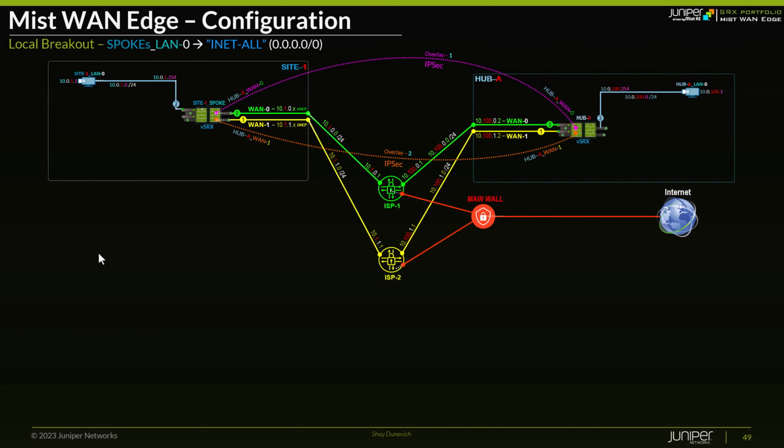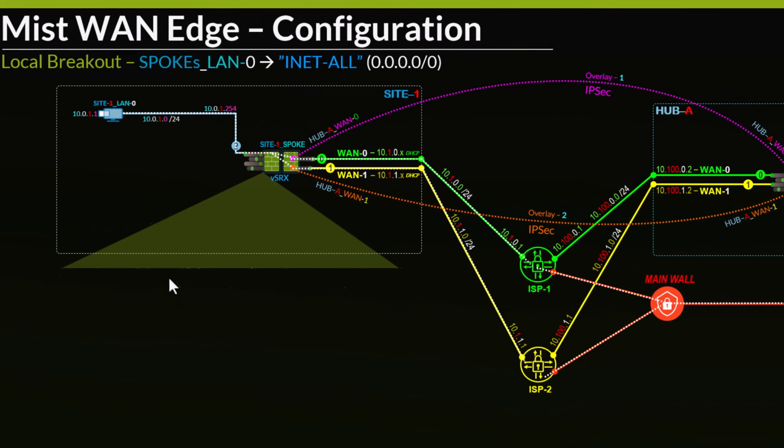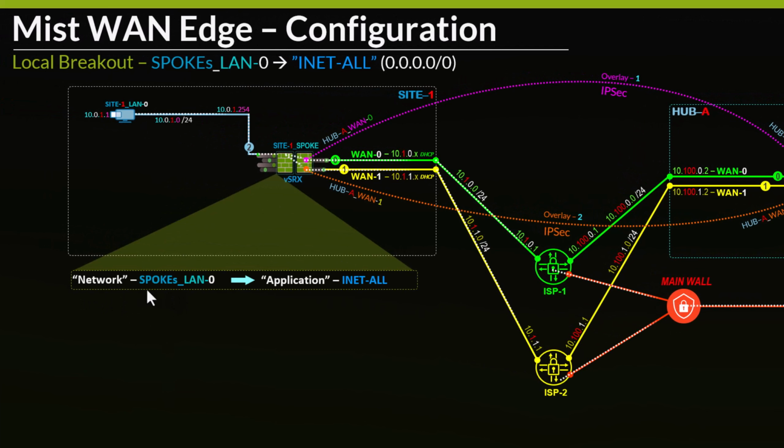Okay, so looking at this spoke LAN 0, we can clearly see that our intent is to direct traffic to the underlay, going to the internet through my lab firewall. And really, what we need to do is have a policy on our spoke template, or one edge template, that would direct any traffic coming from spoke LAN 0, 10.0.10/24, going to an application.